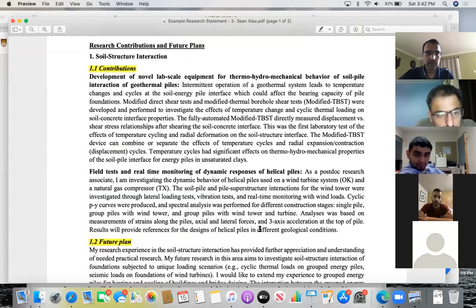Here is a second contribution where he did some field testing with dynamic foundations. They're clearly separated by that bold text or title. And then 1.2 is the future plan within that research area.